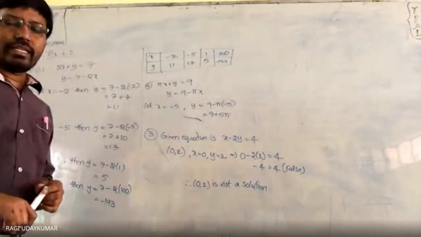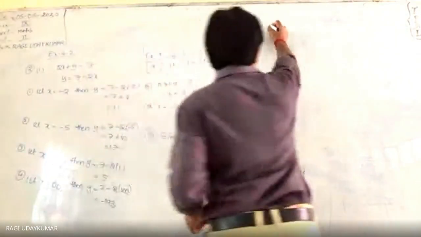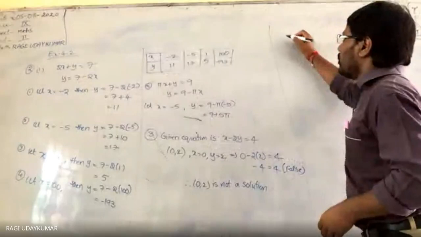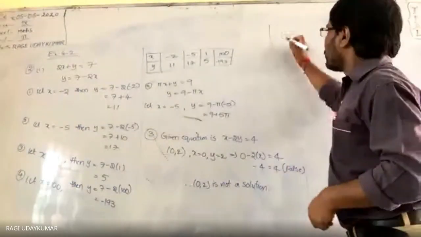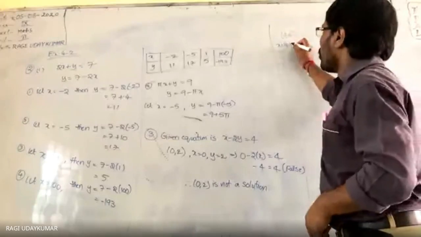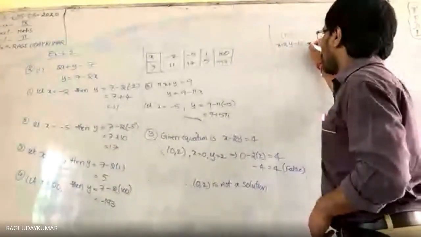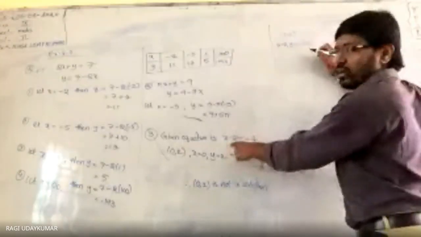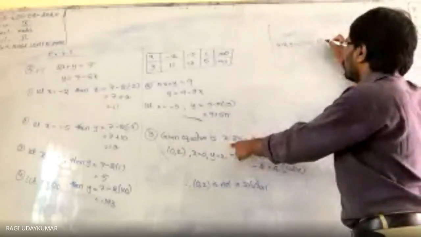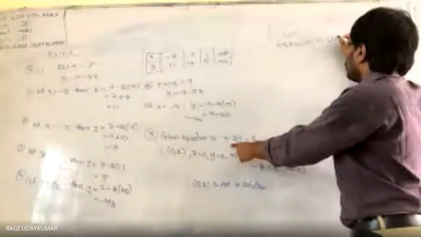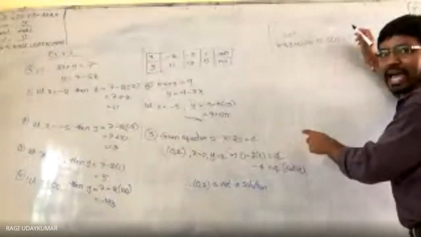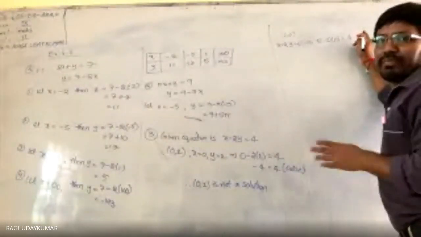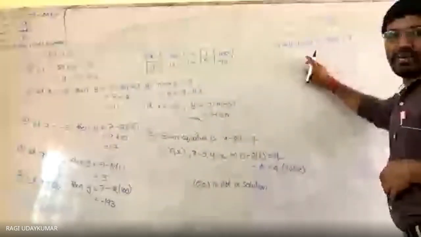Second point, it is given to you. What is the second point given to you? 2, 0. So 2, 0 is nothing but x is equal to 2, y is equal to 0. इसमें substitute करो. X place में 2 and y place में 0 is equal to 4. Complete equation as it is I have written, but in x place the number, in y place the number, whatever is given, that I am writing.